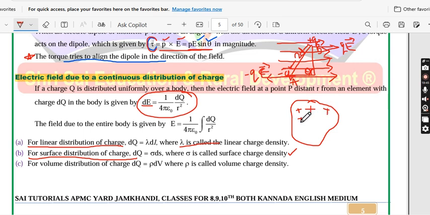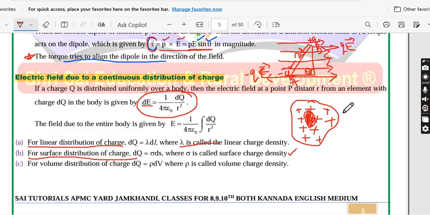In a volume, the charges are uniformly distributed. Suppose in that large volume, we consider a small volume.